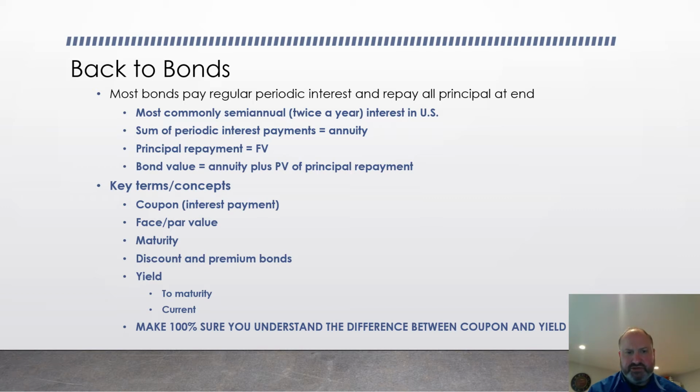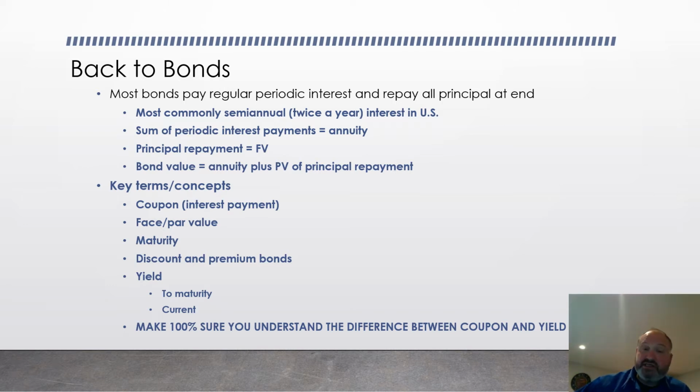Discount and premium bonds we talked about. Discount is when it's trading less than par value, which means that the yield is going to be more than the stated coupon rate, okay, because you're not only getting the coupons, but you're also gaining the difference between what you pay for the bond and the final amount. You're paying less than the final amount.